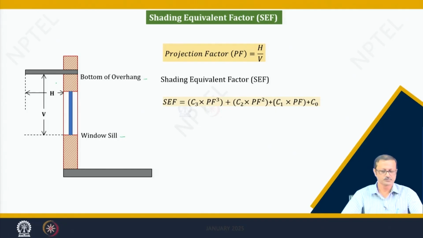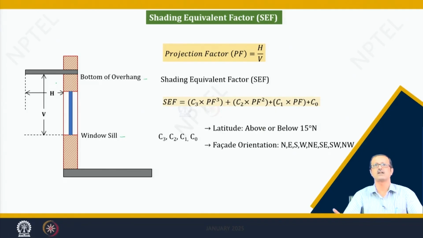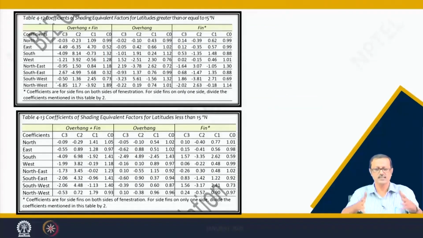This C3, C2, C1 and C naught, again come from some tables, depending upon whether the latitude is above or below 15 degrees north, and the facade orientation like north, east, west, northeast and all. So, these are the two such tables. The first table, table number 4.12, is for latitude equal to or greater than 15 degrees, and the second table is for latitude less than 15 degrees.